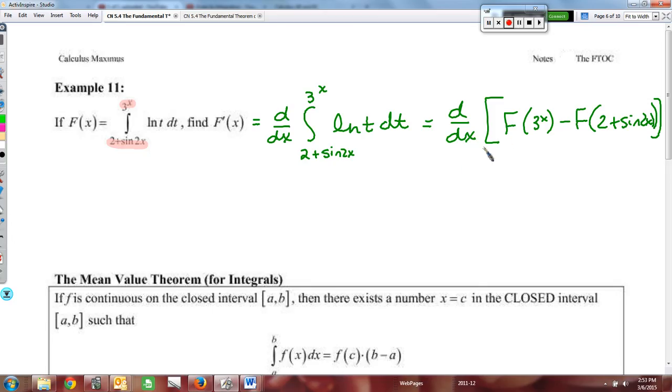Okay? And so now I want to take the derivative of it. The derivative of the antiderivative goes back to what's in your integrand, so it would be natural log of 3 to the x.